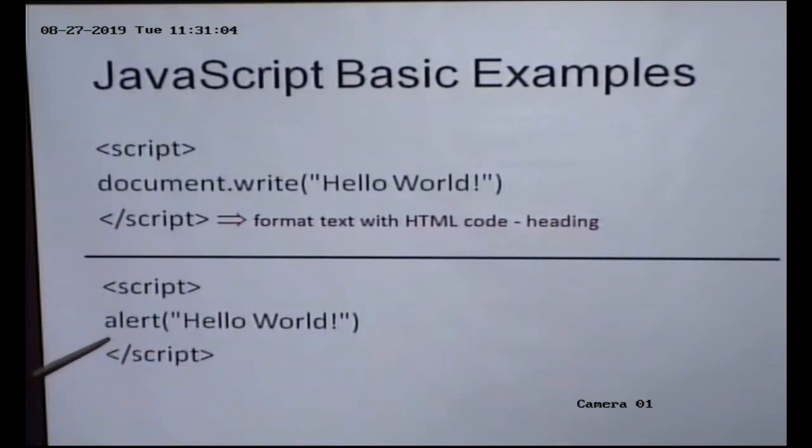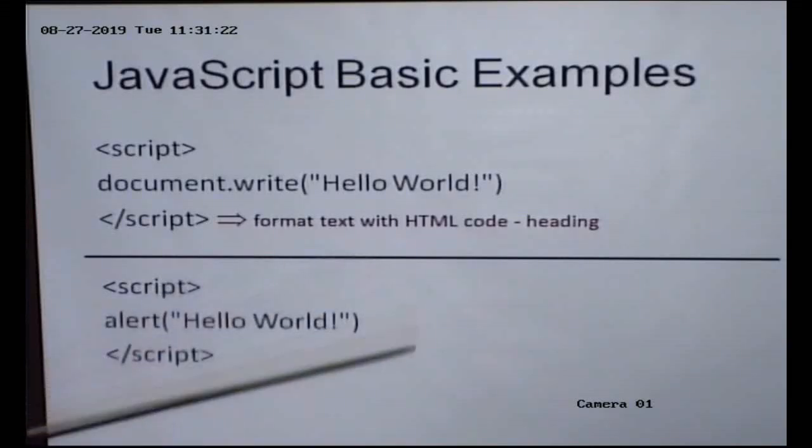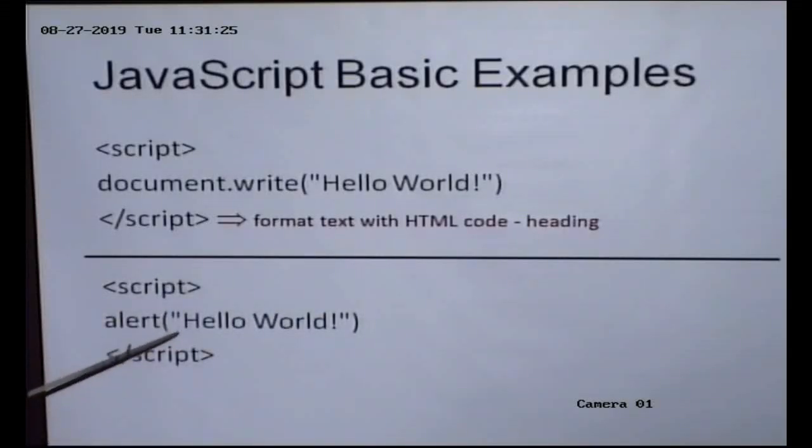There is a window property that will display the message like a message box when you use window.alert in your script. A window will appear, and the message you give in the alert will appear inside the box.